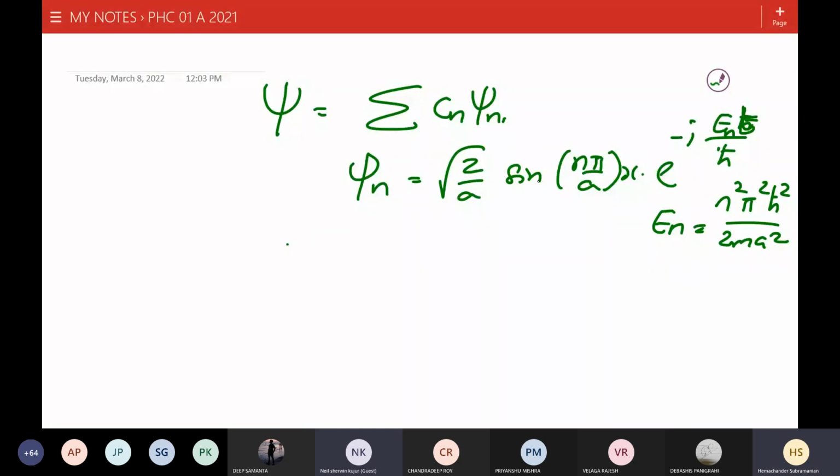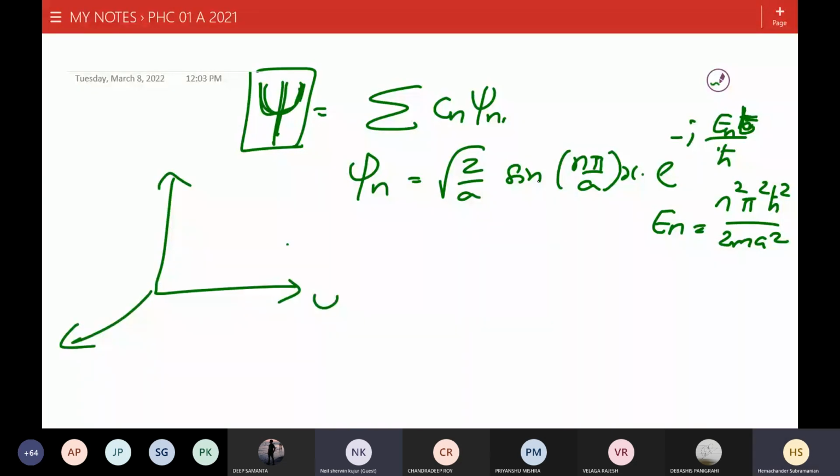So if a particle is in this state psi, capital psi, what does that mean? It is in a superposition of various different states, psi 1, psi 2, psi 3 and all that, but the particle is in some psi.